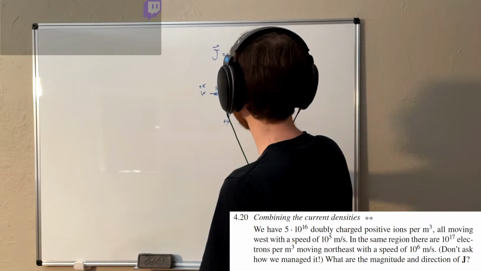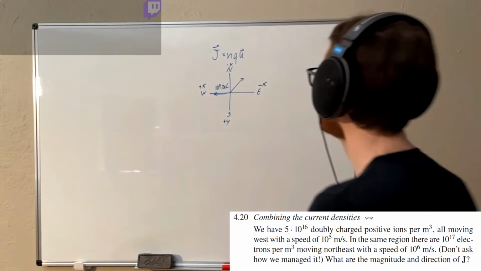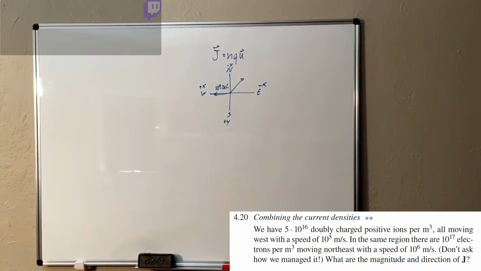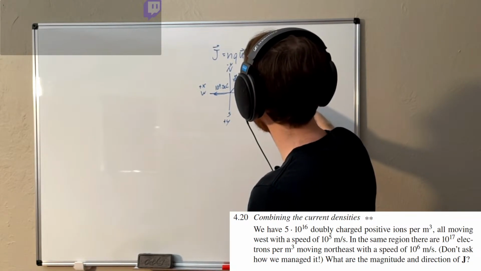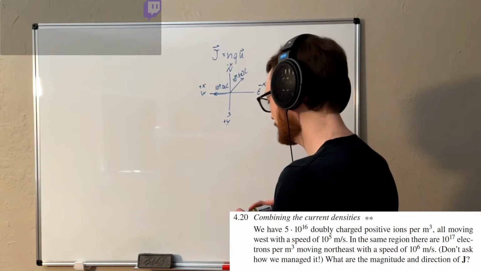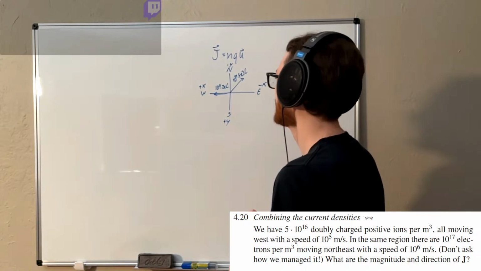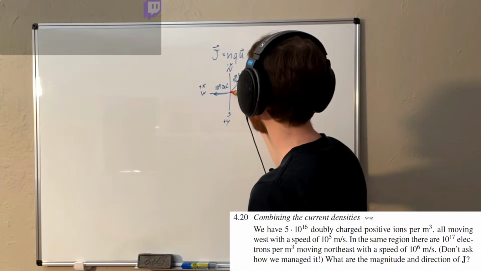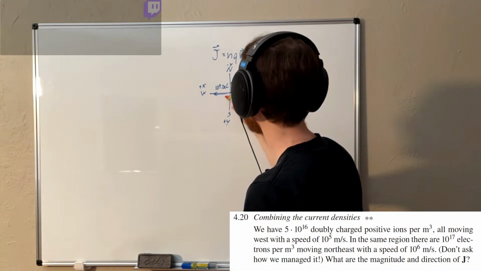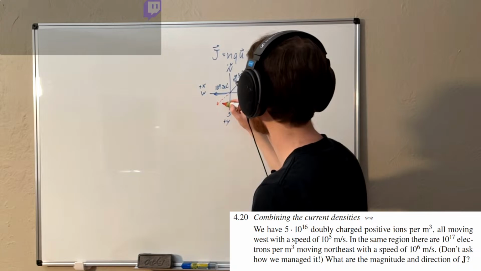In moving northeast, we have 10 to the 17 times minus e coulombs. But I think we're going to be sneaky and consider negative charge moving northeast as positive charge moving southwest, because that'll make the calculations a little bit easier.